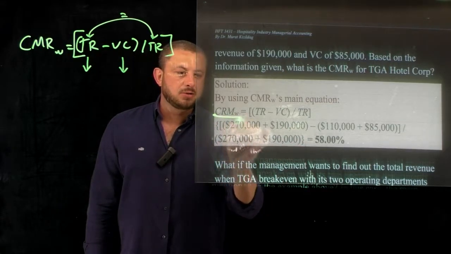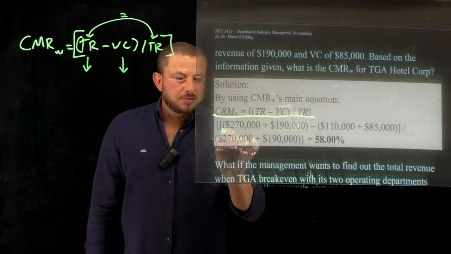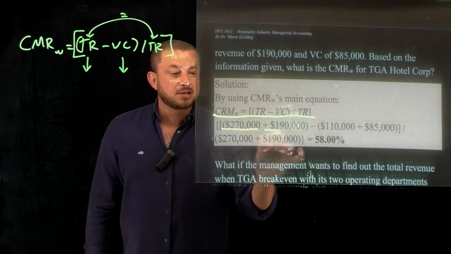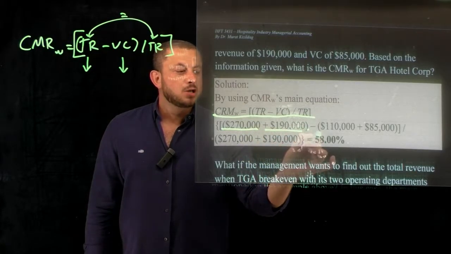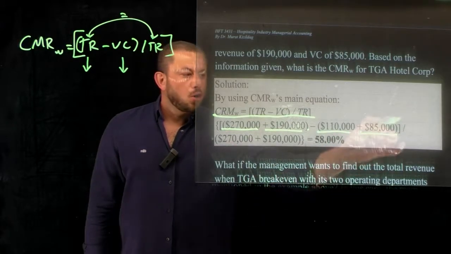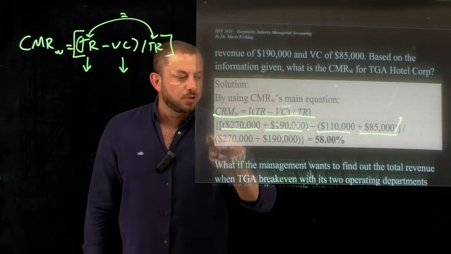Again, CMRW is equal to TR minus VC over TR. $270,000, rooms TR plus retail TR, which is $190,000, minus rooms VC plus retail VC over the same revenue items. You can see from those two lines over here.